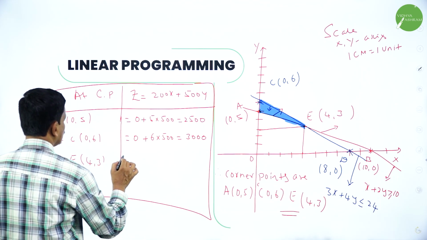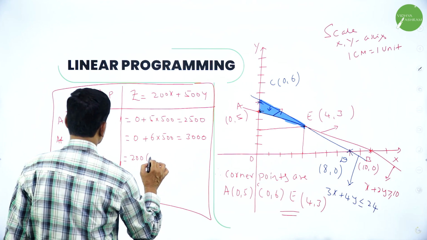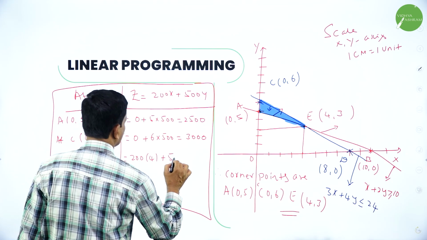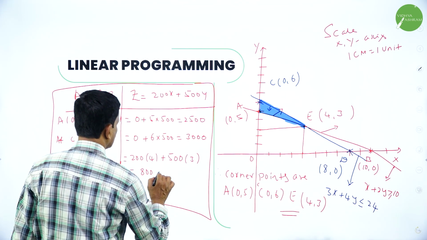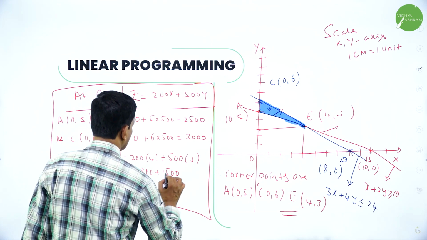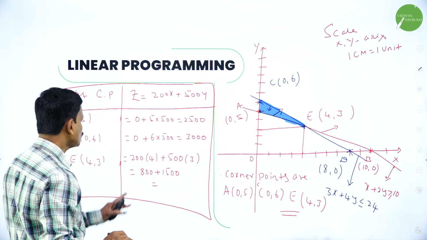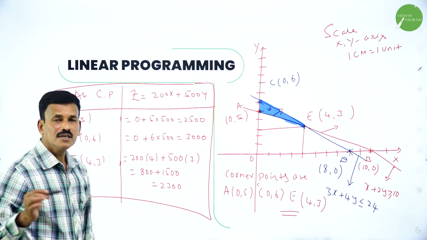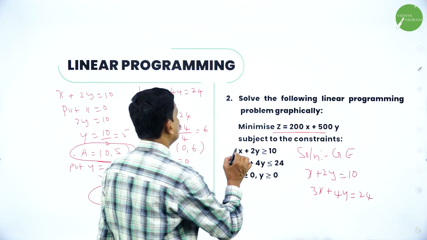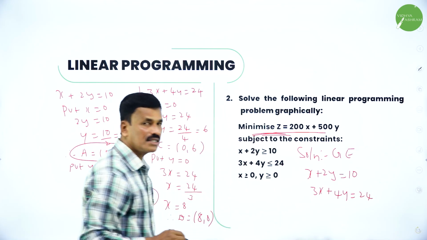Again, at E, what is the point? (4, 3). So, 200 into 4 plus 500 into 3. 4 times 200 is 800 plus 1500. This is equal to 2300. Right, 2300. Now, what is the objective function? Minimize. So we want to find the minimum value.